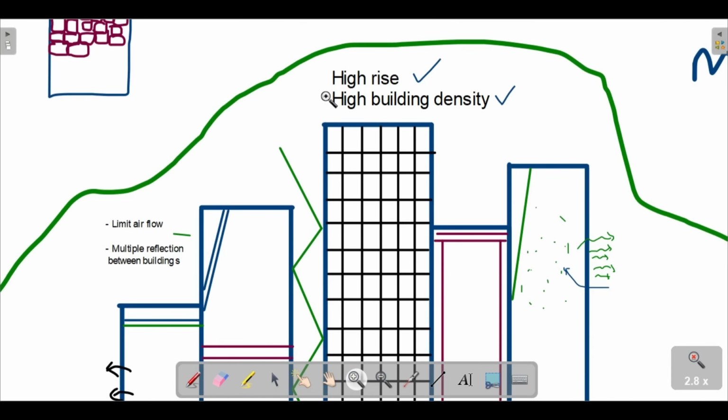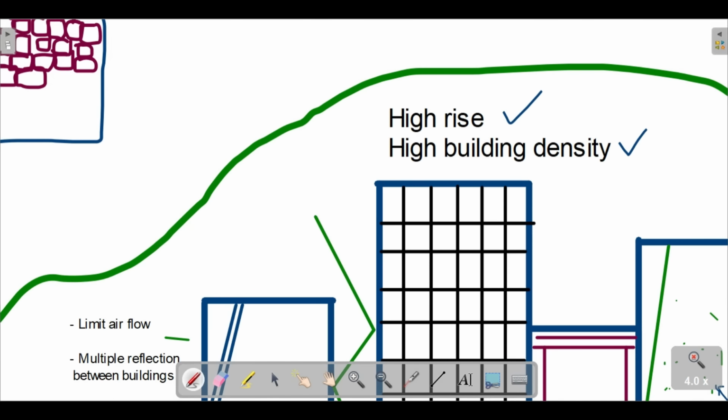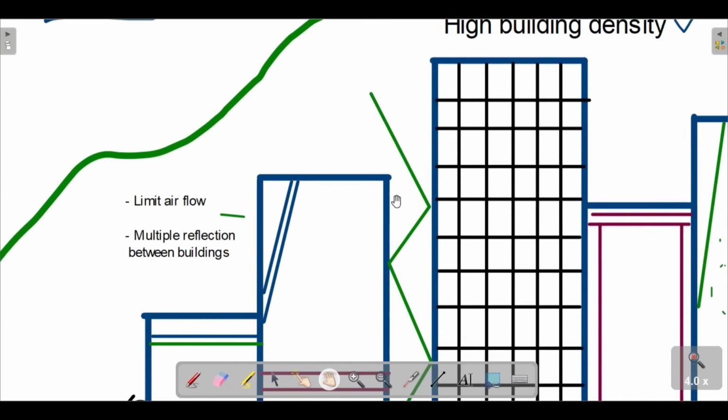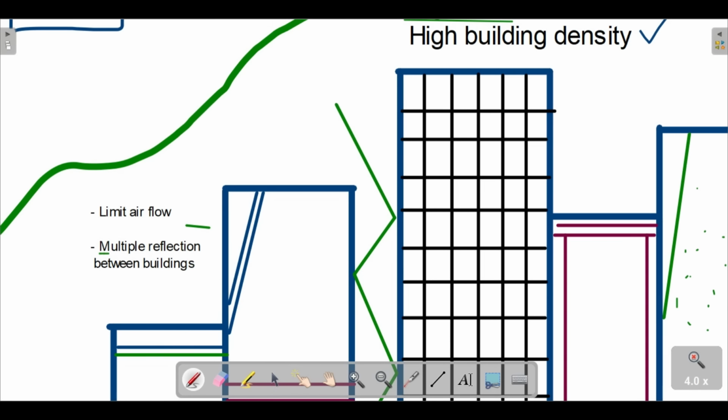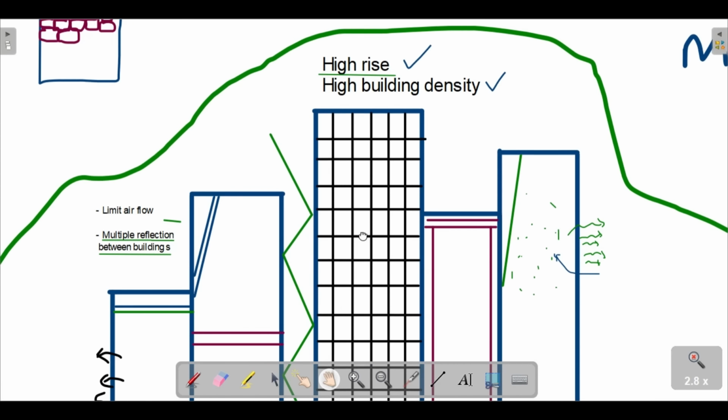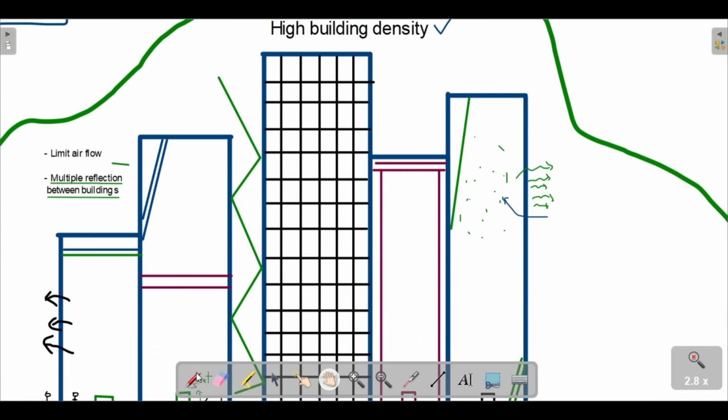Okay, right, I have more points here. For an example, there's the point of high-rise buildings. So you can also say, because there's high-rise buildings, there's what we call multiple reflections between buildings. Whenever we receive insolation or incoming solar radiation, instead of bouncing back wherever it came from, it tends to bounce between the buildings.